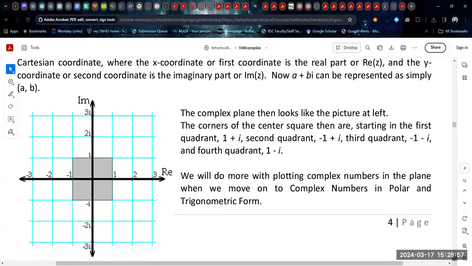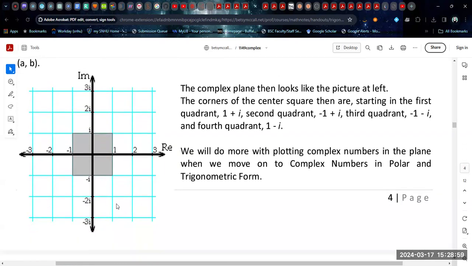So for instance, in the complex plane, which is what we refer to this as, this point right here, 1 and 1i, would be essentially the point 1 plus i. Now, if we go over here, this point over here in this corner, we would have -1 in the real part and 1i in the vertical component.